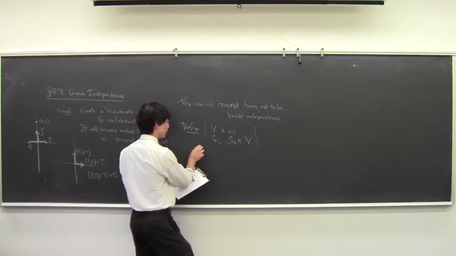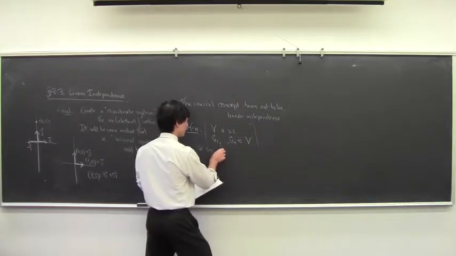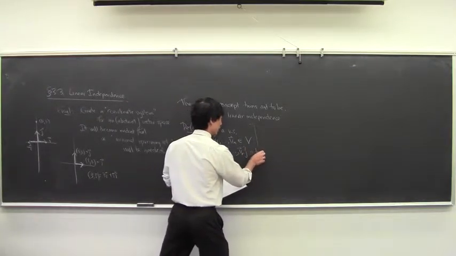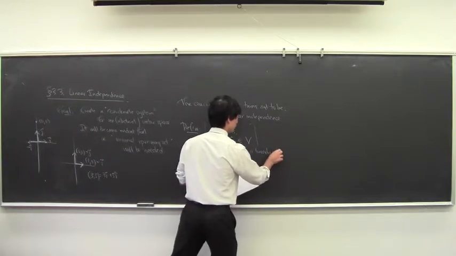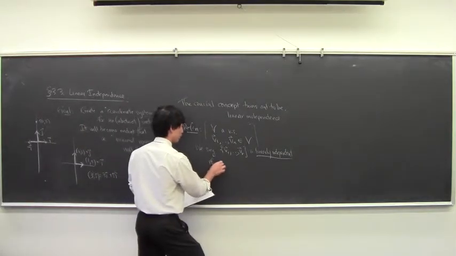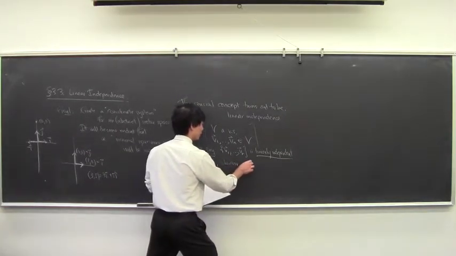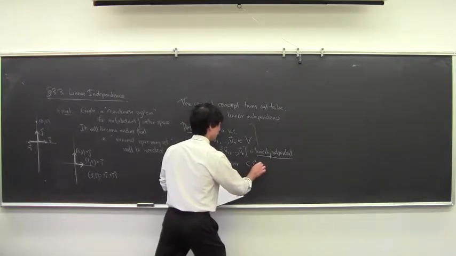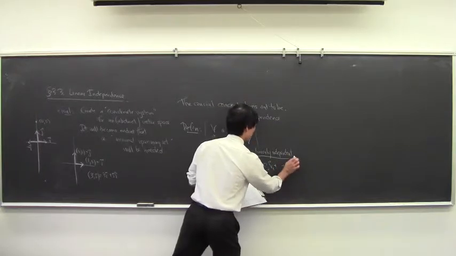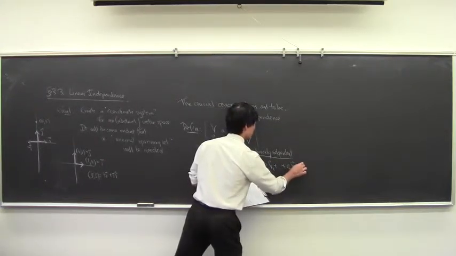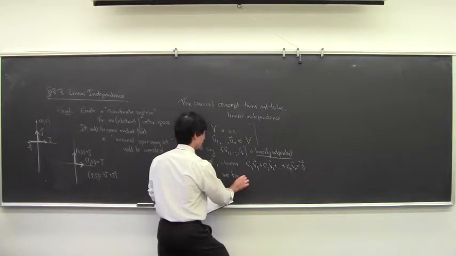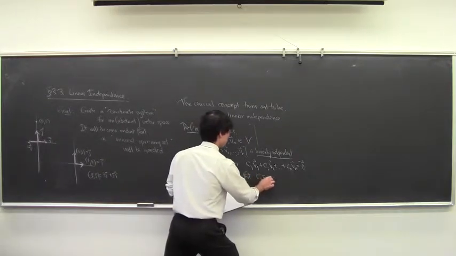So we say that the set of vectors V1 through Vn is linearly independent if whenever some combination C1V1 plus C2V2 plus ... plus CnVn yields a zero vector, we know that all the Ci's must be zero.